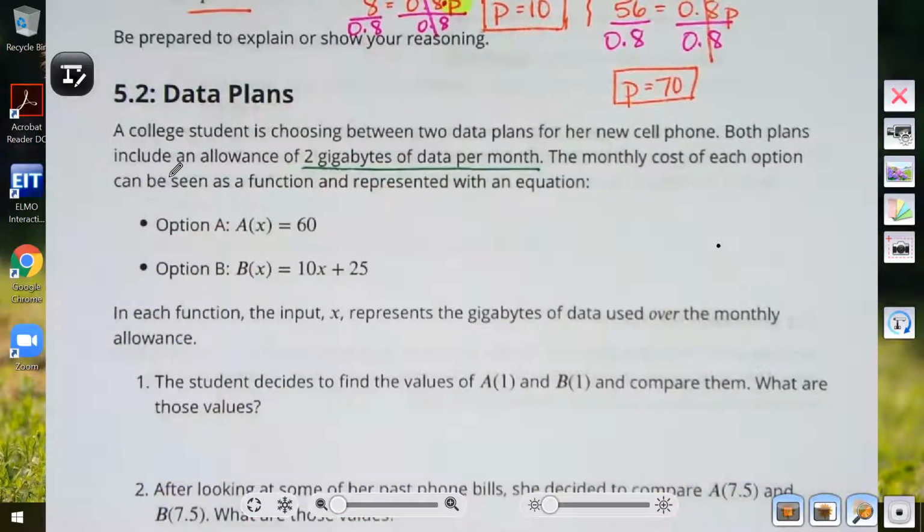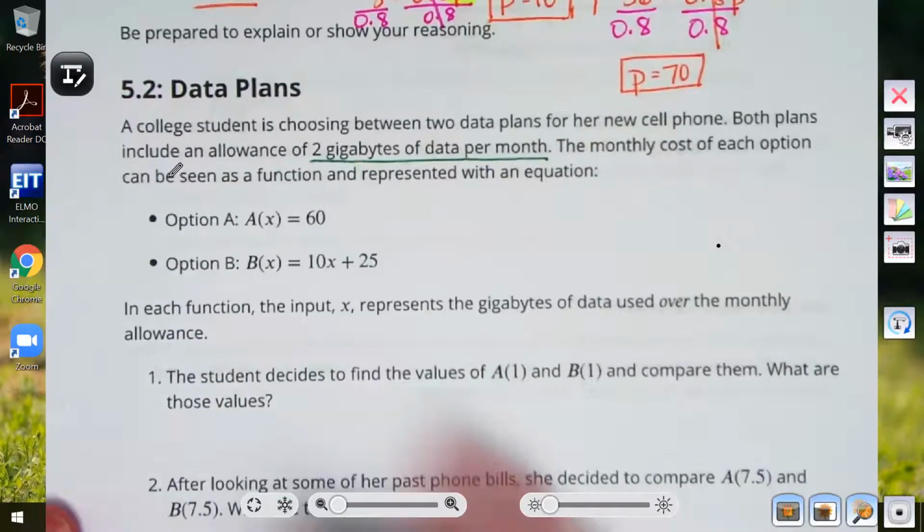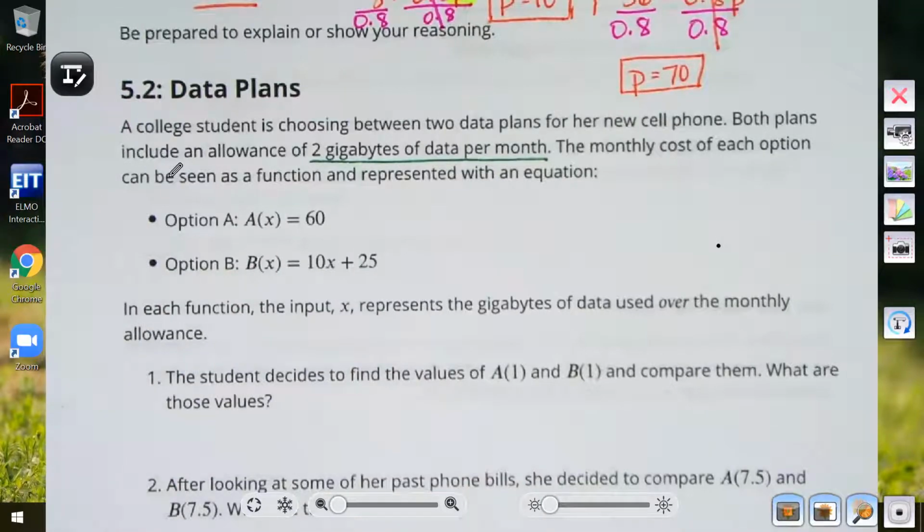Underline that. Okay, so they both have that, and then the month, so that is not an issue. They both have that. So the monthly cost of each option can be seen as a function and represented with an equation. Okay, so we have these 2 functions right here.